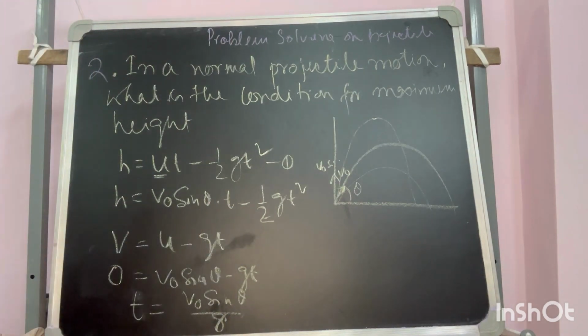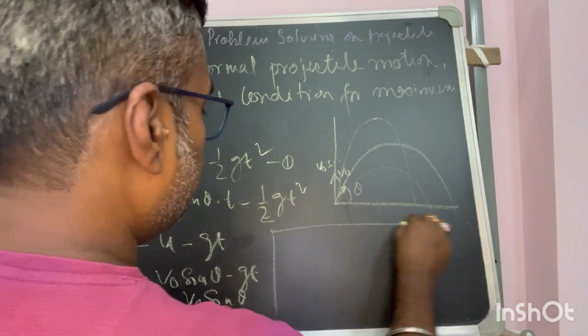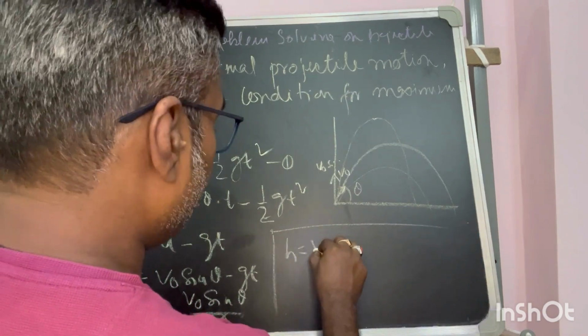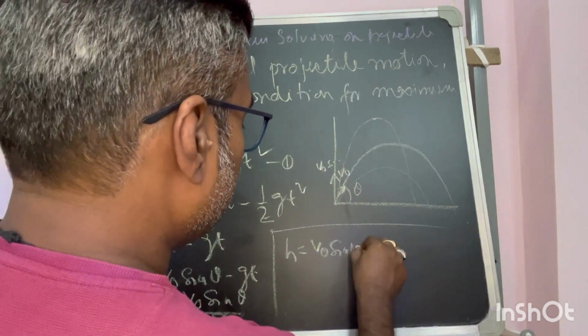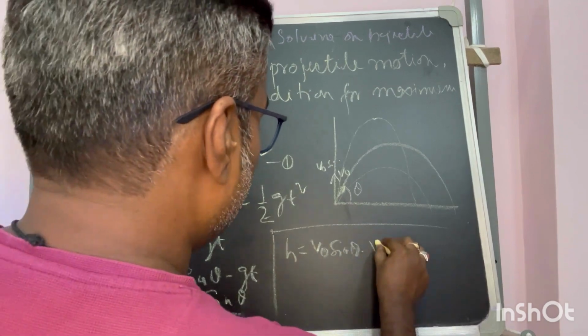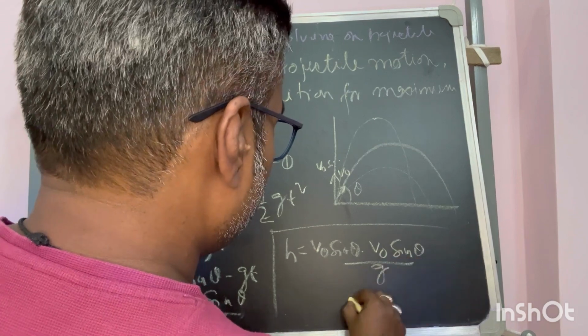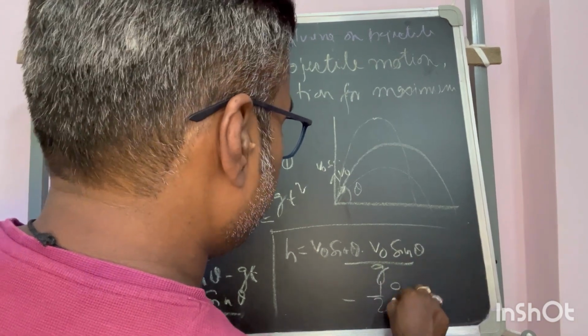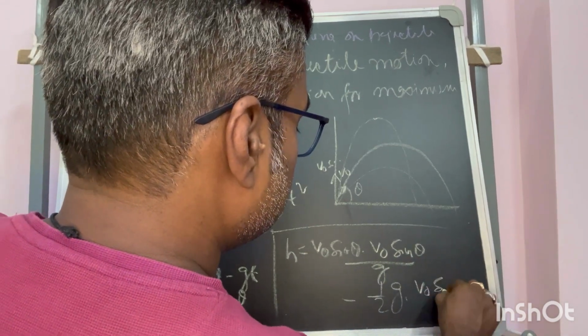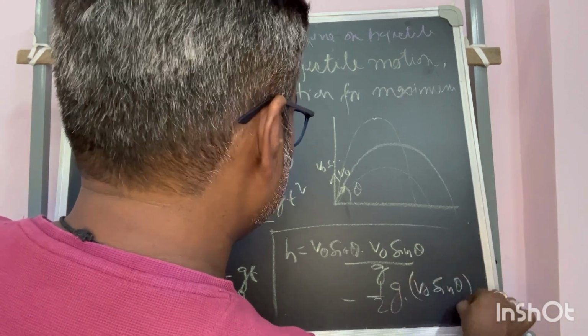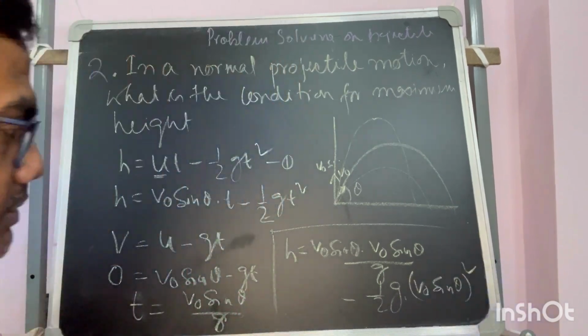Now if I put it here, what will I get? H equals v0 sine theta into v0 sine theta by g minus half into g into v0 sine theta by g whole square, isn't it?